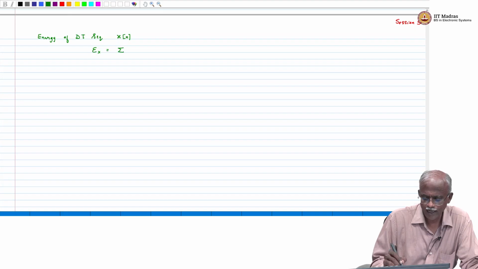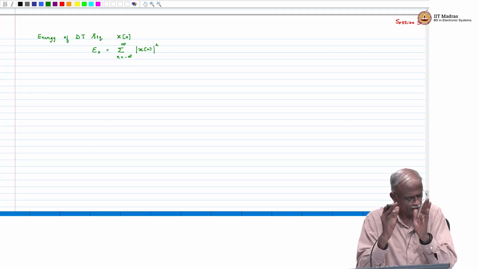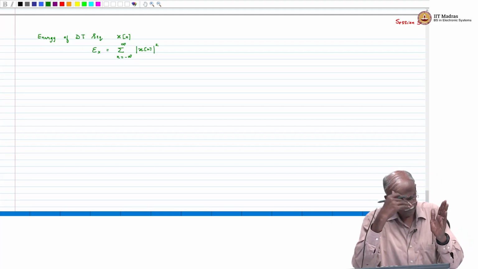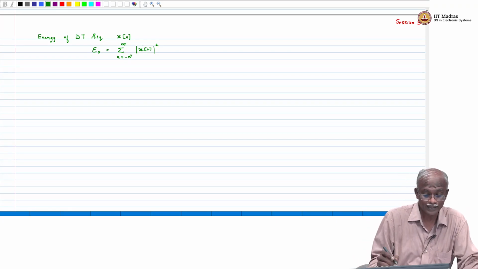This is defined as the summation from n equal to minus infinity to infinity of the magnitude of x of n squared. So, basically you take each sample, take the magnitude squared and sum it from minus infinity to infinity.